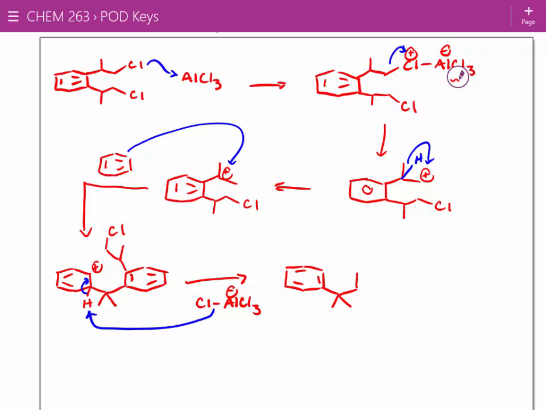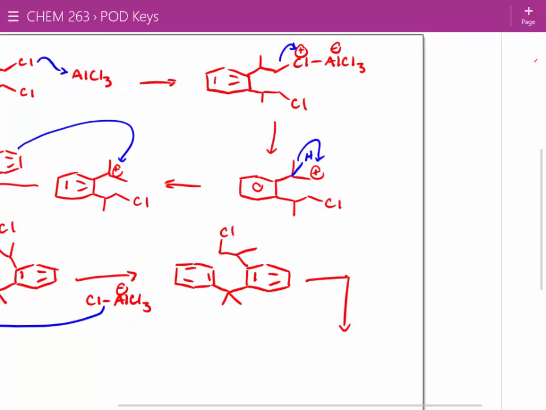And we have this dimethyl group coming off now. All right, what's the next step then? Do it all over again, right?